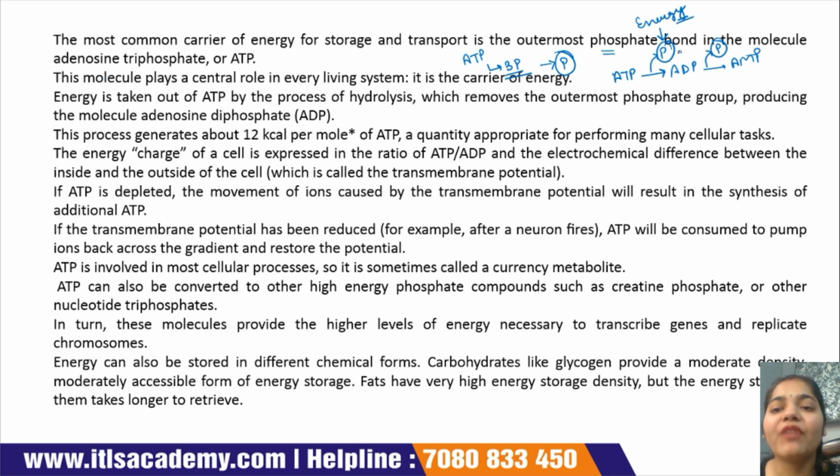The process by which the phosphate group is released from ATP is known as hydrolysis. Hydrolysis releases a phosphate group from ATP and we obtain ADP. When ATP is converted into ADP, we obtain energy of 12 kilocalories per mole.